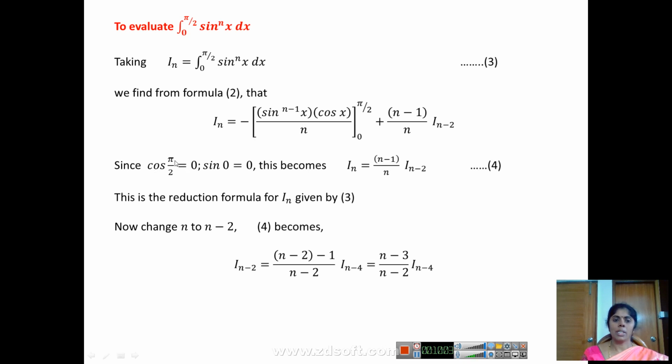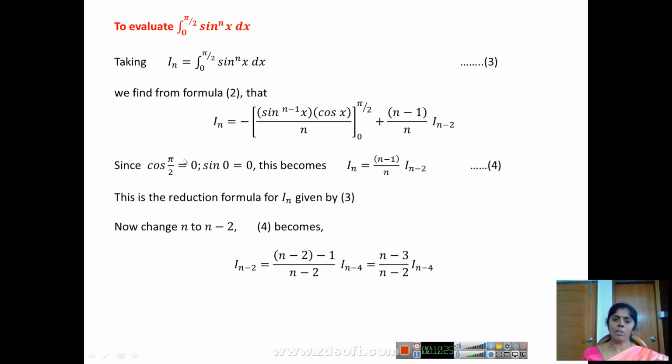That is, cos of pi by 2 is nothing but 0. Sine of 0 is equal to 0. Therefore, we already know that one. We can apply the upper limit first minus lower limit. If I apply the upper limit, that is sine to the power n minus 1 of pi by 2 into cos of pi by 2.